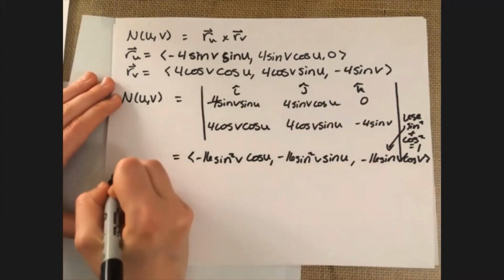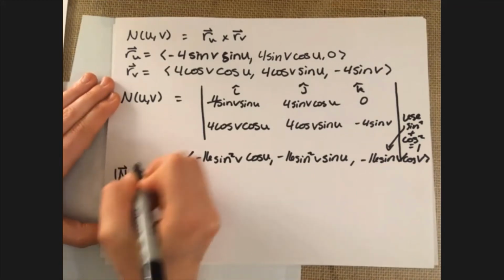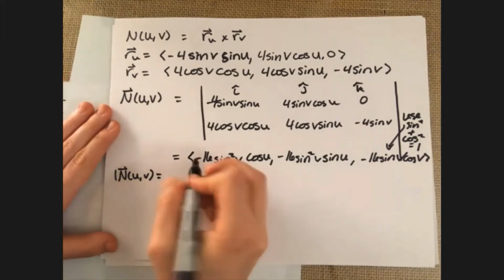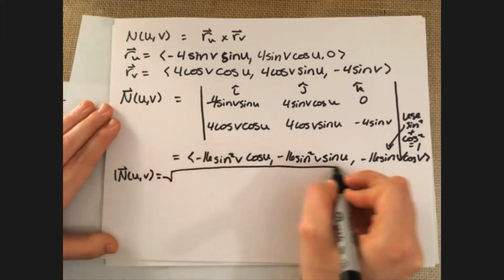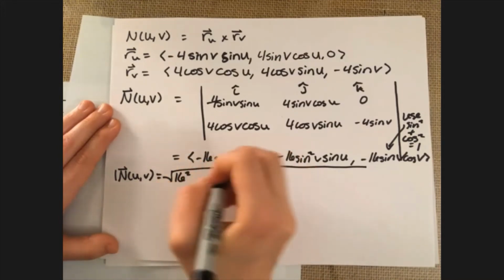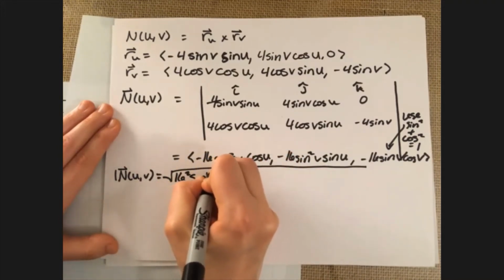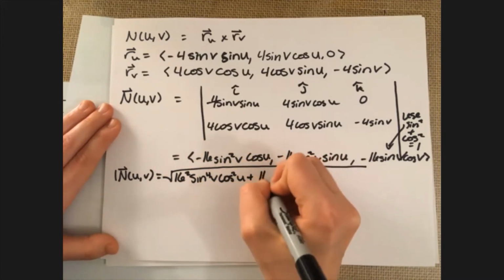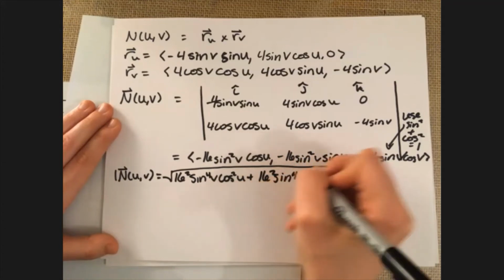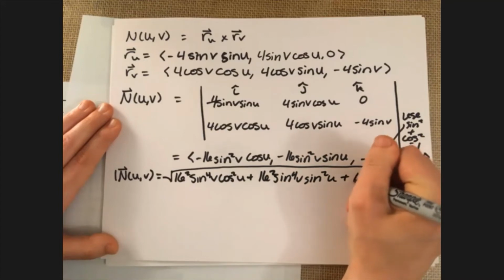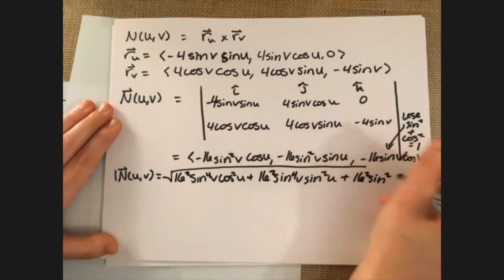Because ultimately what we want is the length of n(u, v). And this is equal to the square root of, this is going to be 16 squared, I'm not going to multiply that out, sine to the 4th v cosine squared u plus 16 squared sine to the 4th v sine squared u plus 16 squared sine squared v cosine squared v.